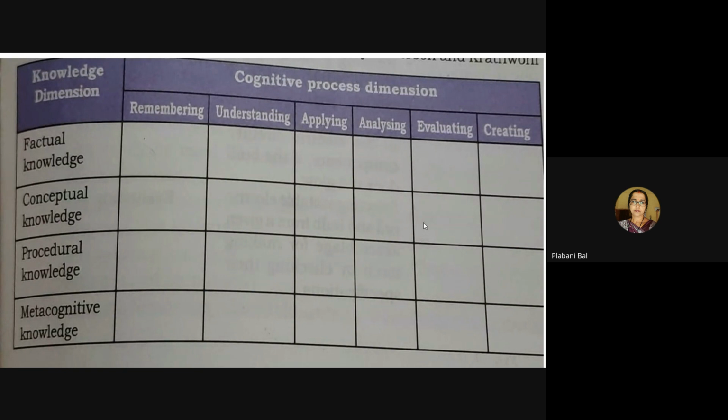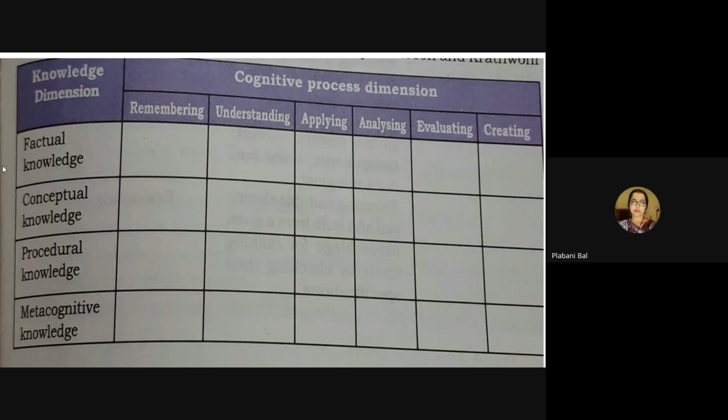So first let us discuss the two-dimensional process: one is the knowledge dimension, and another is the cognitive process dimension. The knowledge dimension includes factual knowledge, conceptual knowledge, procedural knowledge, and metacognitive knowledge.